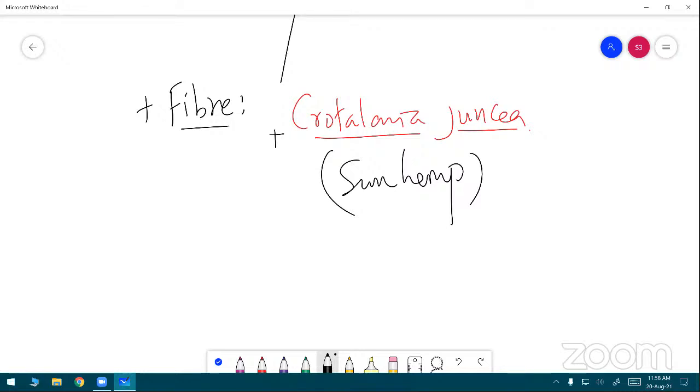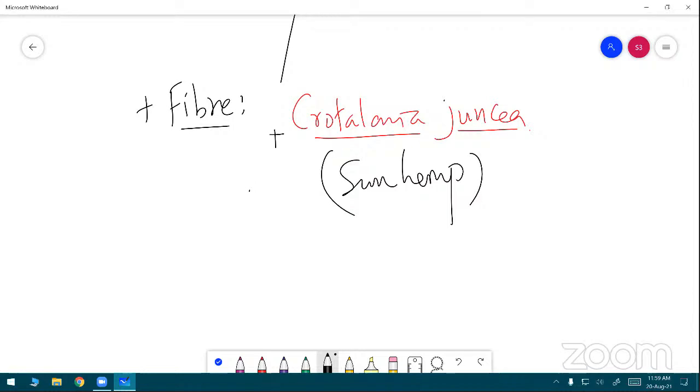These fibers are used for making fishing nets, rope, etc. Which of the following is sun hemp? Crotalaria juncea. Repeat the word. I will show you all the plants later, which I have collected from various sources. Understand?